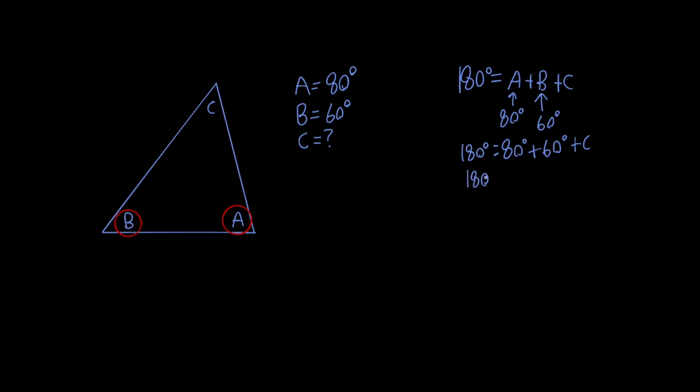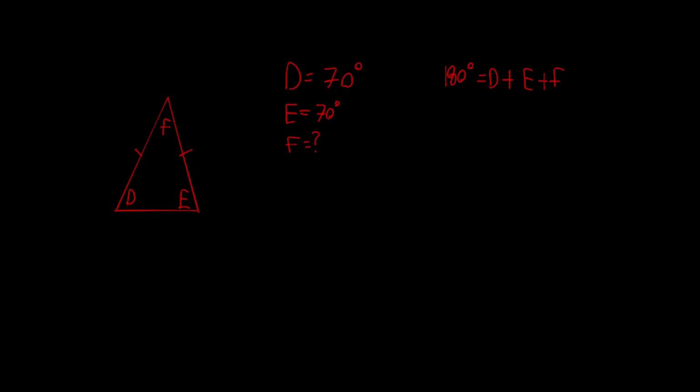So 180 degrees is 140 degrees plus C. Now to isolate for C, we have to subtract 140 from both sides. 140 degrees minus 140 degrees, which gives me 40 degrees as C as my final answer.